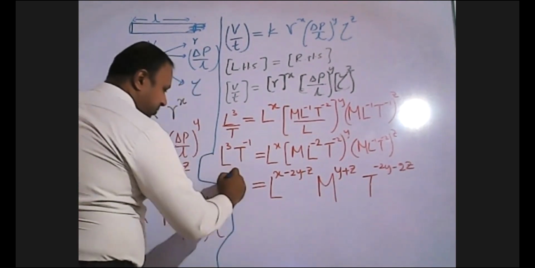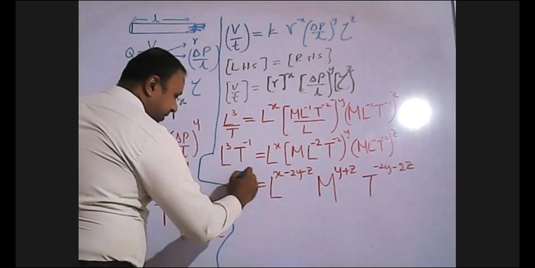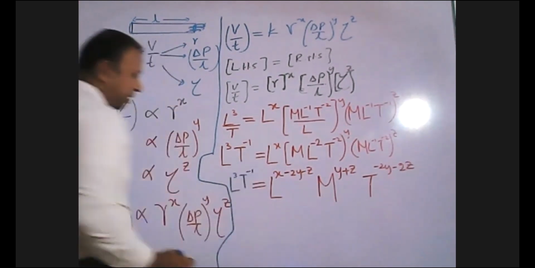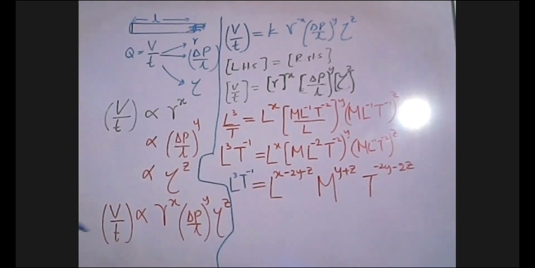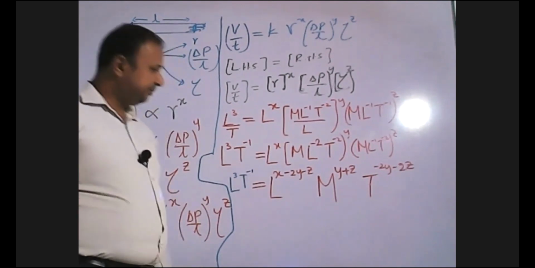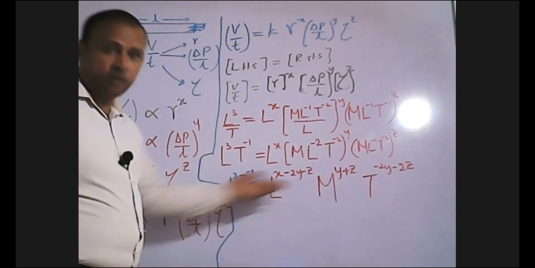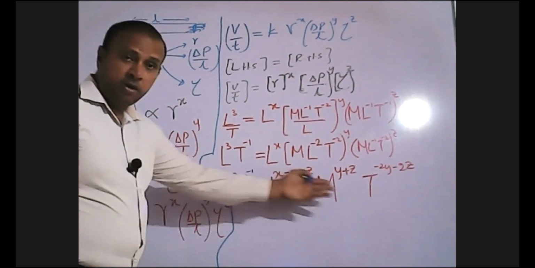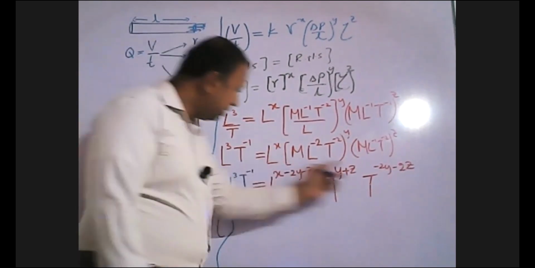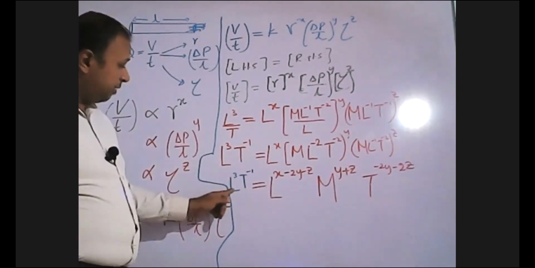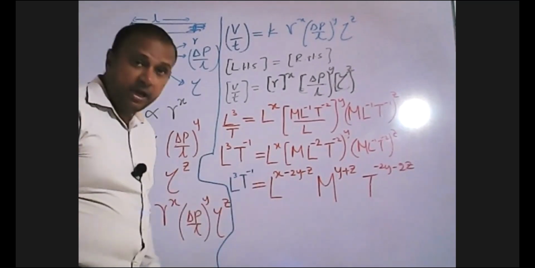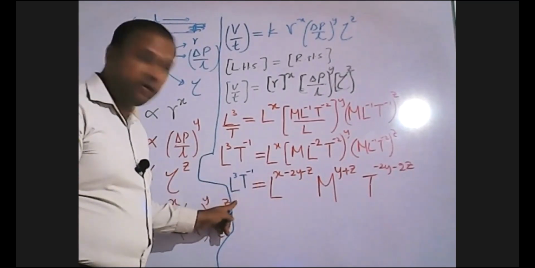Here L cubed T minus 1. Nothing to do, you have to equate. You have to equate powers of equal bases.